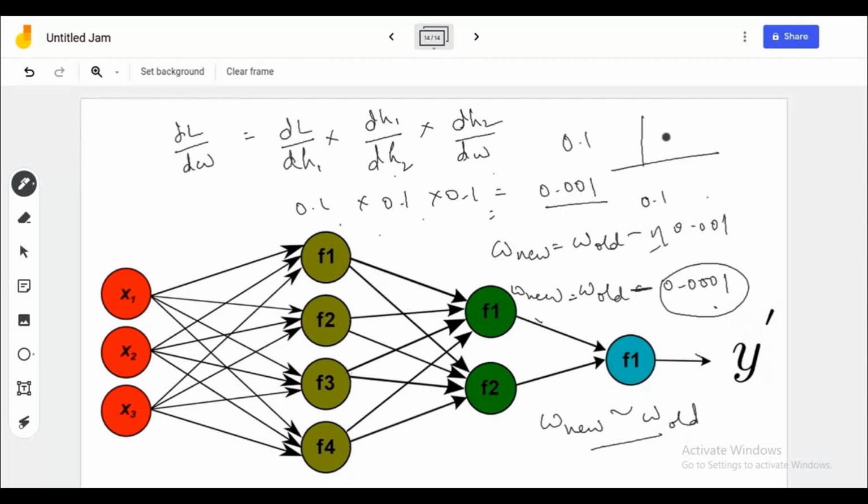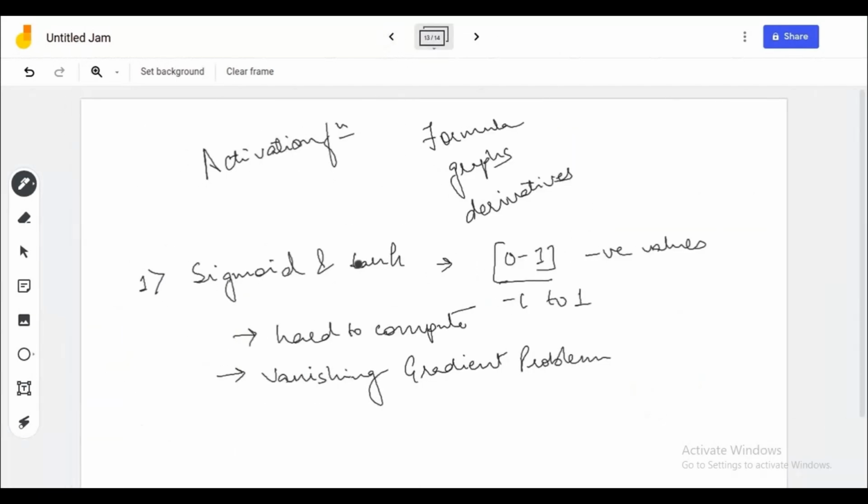If we think about the graph, and our old weight is pretty close to the new weight, we will never be able to reach the lowest minima. So this is the problem that we had with sigmoid and tanh functions. This was known as the vanishing gradient problem.